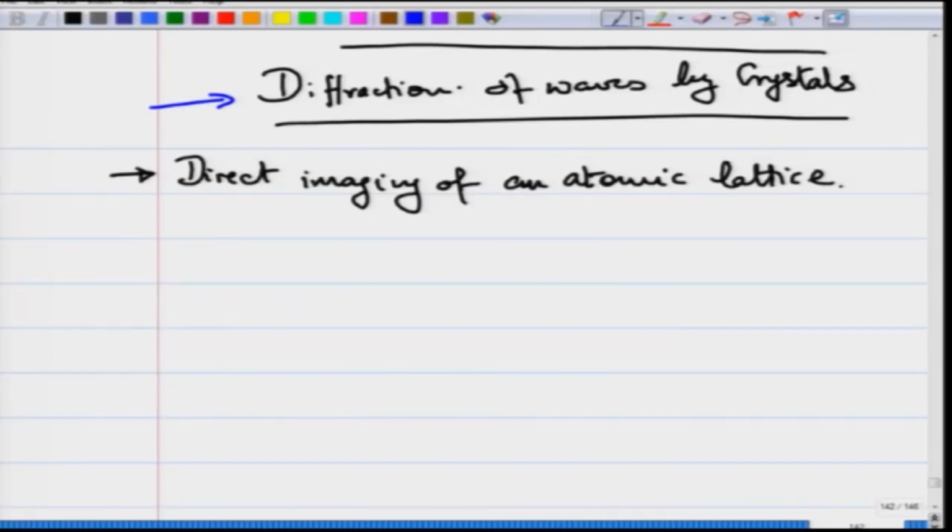These waves can be electromagnetic waves, or waves corresponding to quantum particles like neutrons. You can send a beam of neutrons on a crystal which has a periodic arrangement of atoms, and how would this beam of neutrons emerge? It could be a collimated beam of electrons, and the waves associated with it, how they diffract through the crystal.